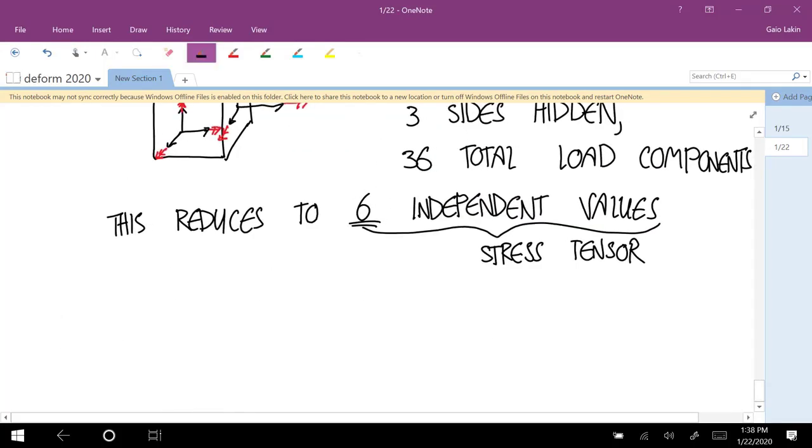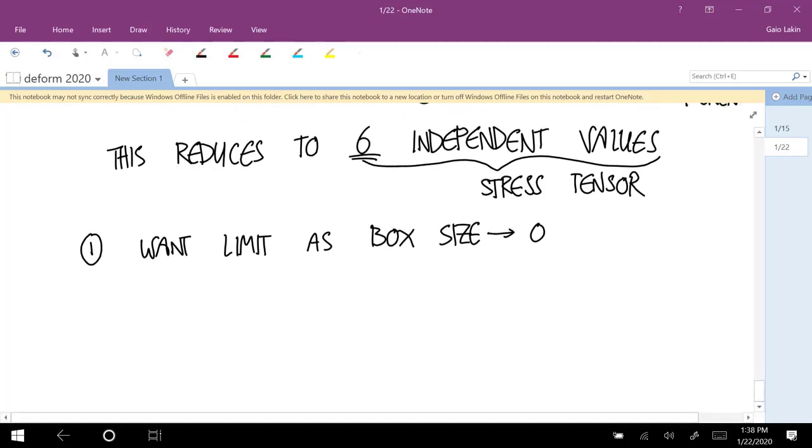Okay, so the first thing is we want the limit as the box size goes to 0. Well, that would make the forces and couples go to 0 too, though.